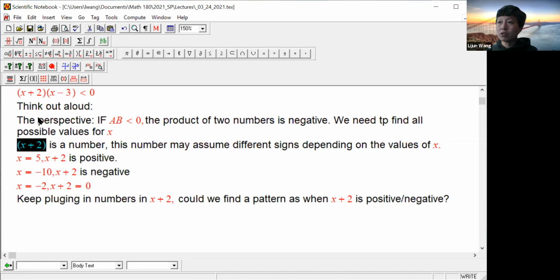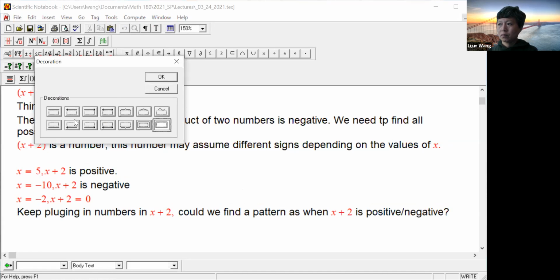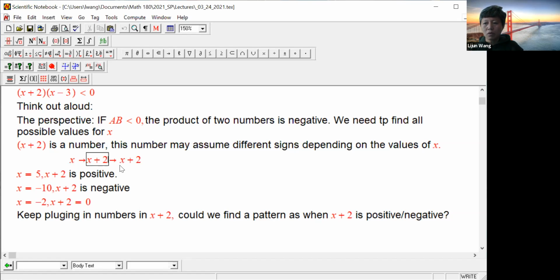If you see this as a function, the input is x and the output is x plus 2, and we're only concerned about the sign, either positive or negative. You guys follow me? The question is, when is it positive, and when is it negative?